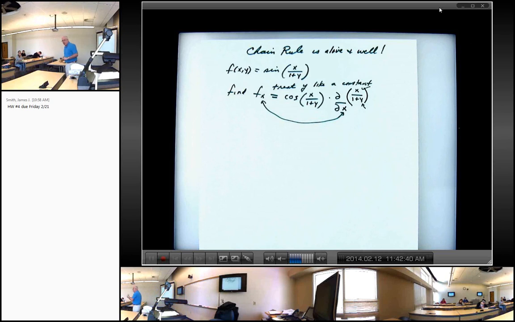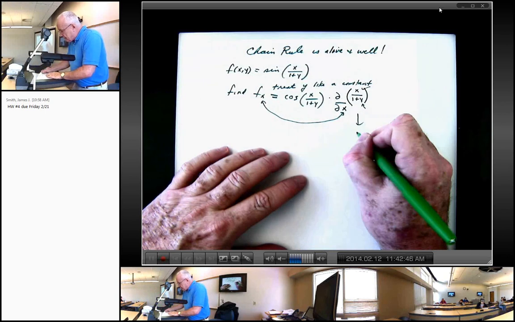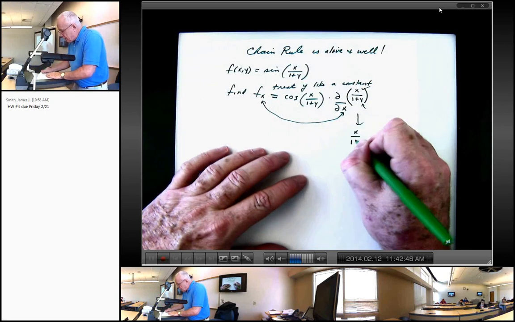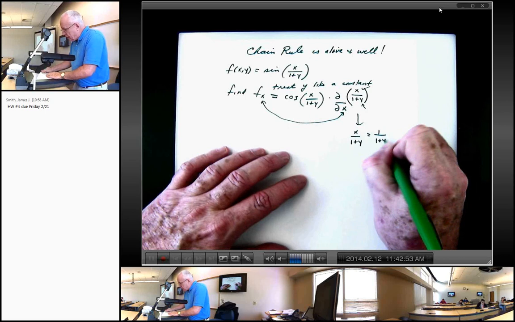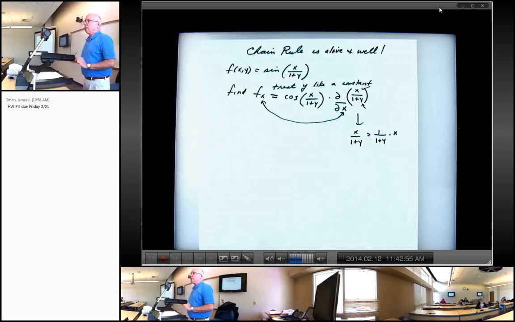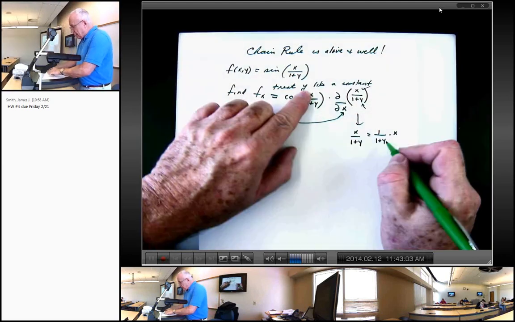And that'll work, but there's a simpler way to look at this. Let's look at x over 1 plus y. It can be looked at as 1 over 1 plus y times x. Yes, an easier way. Your way will work. You just have to be careful, but it'll work. So here, we're treating y like a constant.